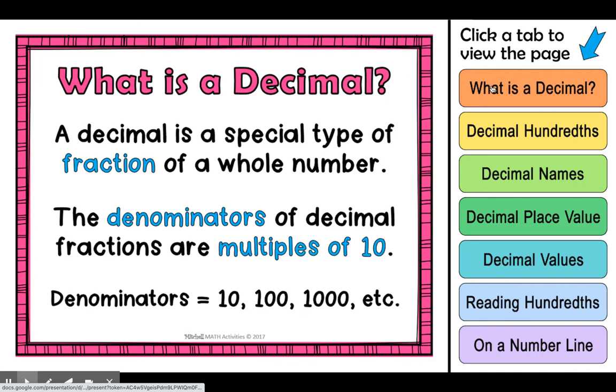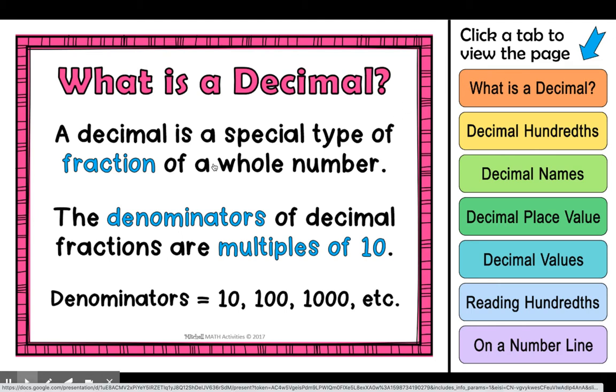I'm excited. Get excited. What is a decimal? You guys already know a lot about decimals from working with money, and you know that any digits to the right of the decimal point represent a value that's less than one whole. You can write any decimal amount as a fraction.